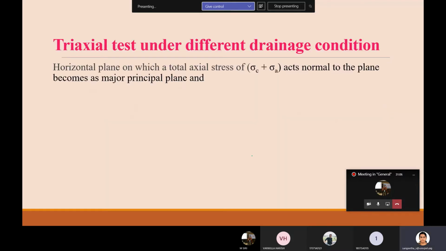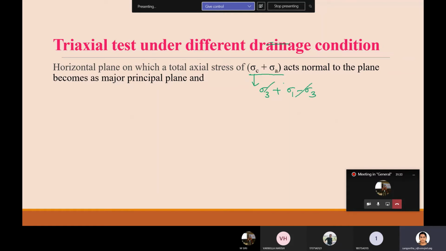So on the horizontal plane, what is the total axial stress acting? Sigma C and sigma A, right? Sigma C and sigma A act normal to the plane and that becomes the major principal stress. What is sigma C? Sigma C is your sigma 3, the confining pressure, and sigma A is sigma 1 minus sigma 3.